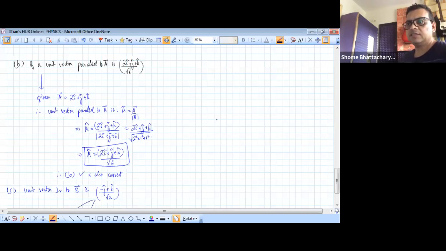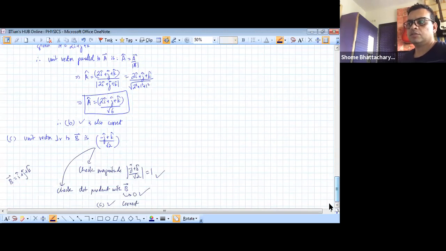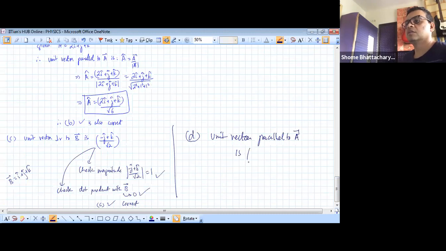Now option D we can see is obviously wrong. Because what is option D saying? Option D is saying that the unit vector parallel to A is (i + j + k)/root 3.